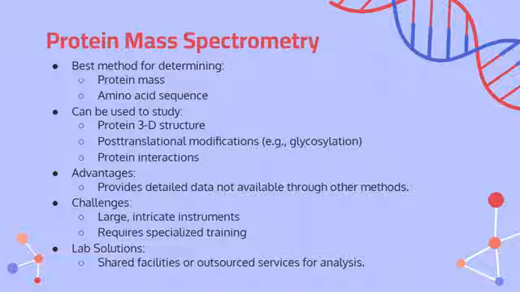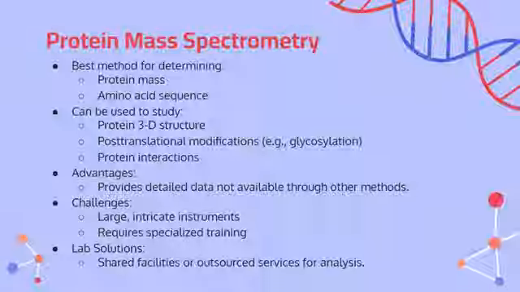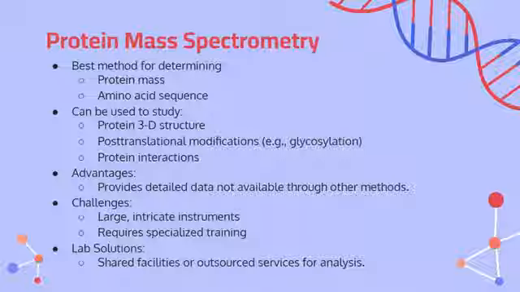Some of its advantages: it provides detailed data not available through other methods. There are some challenges with protein mass spectrometry, right? We need pretty large, intricate instruments to run mass spectrometry. We also need special training.